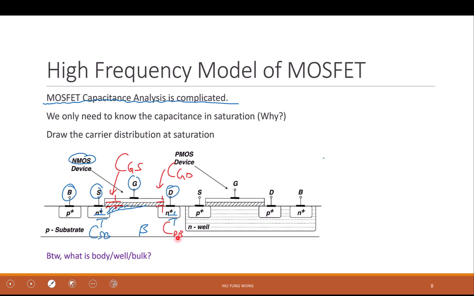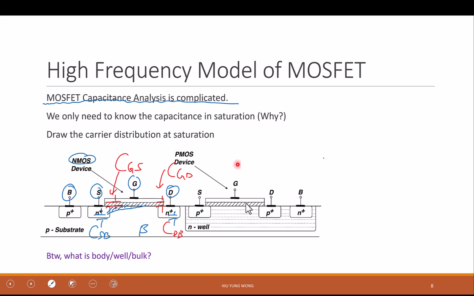You told me there were 6, but CSD is far away and is also decomposed into the other capacitors. CGB, we don't care that much. It is really tiny, so we ignore it.